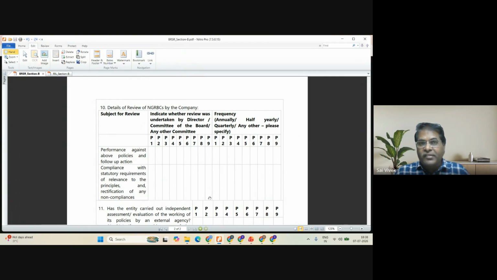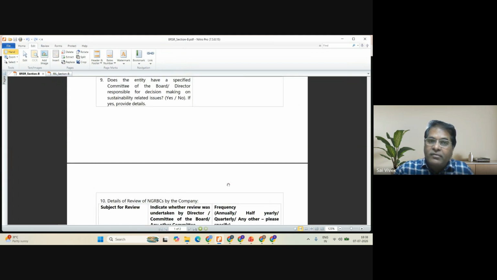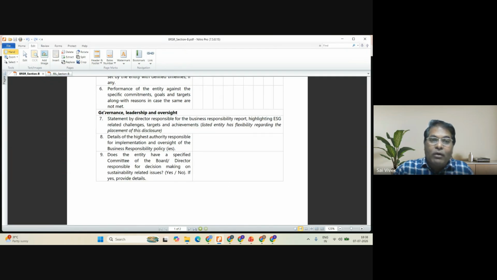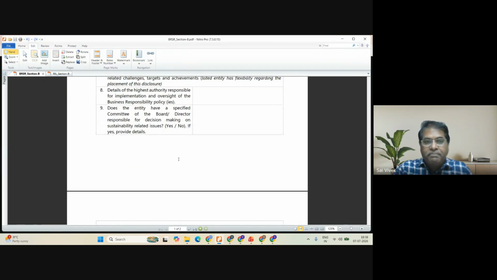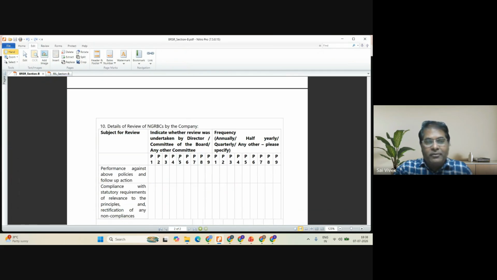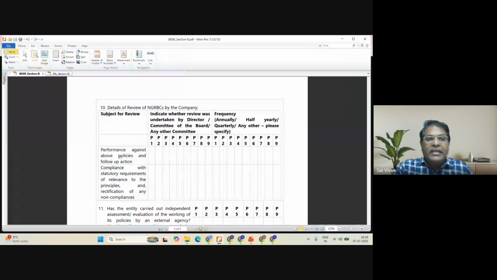So that is why it is said that this is not for the employees but for the governance, leadership, management, and oversight. So this is for the managerial positions. Are these 9 principles mapped against the policies, and is the performance being measured?